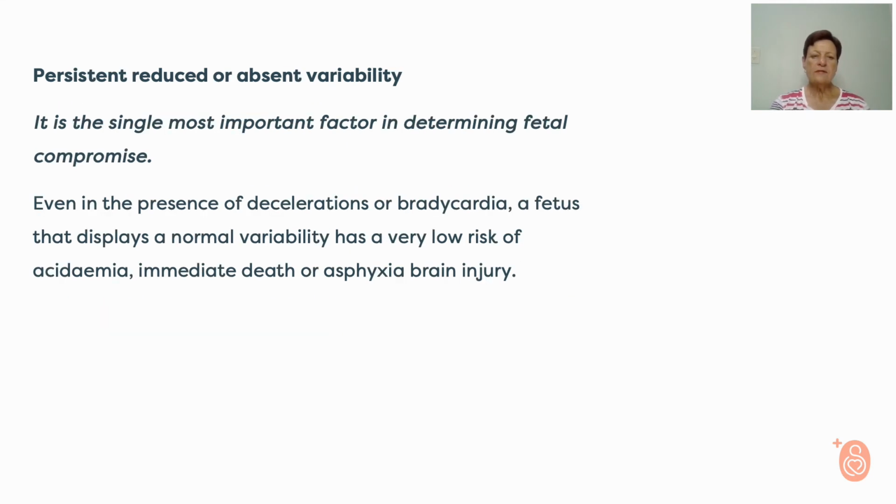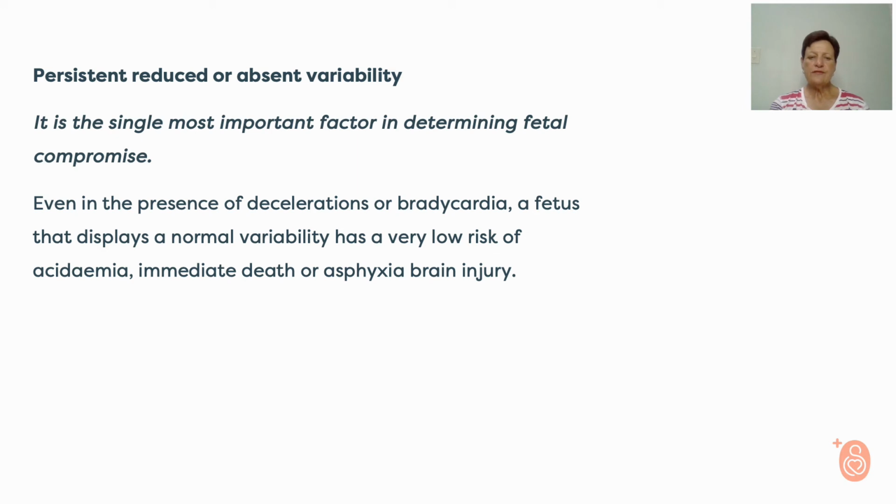Now, in the case of a persistent reduction, and remember we've said that usually in the sleep cycle it's initially reduced and then it stops. If it's persistently reduced, or if there's no variability, the one single most important factor is fetal compromise, a lack of oxygen to the central nervous system.